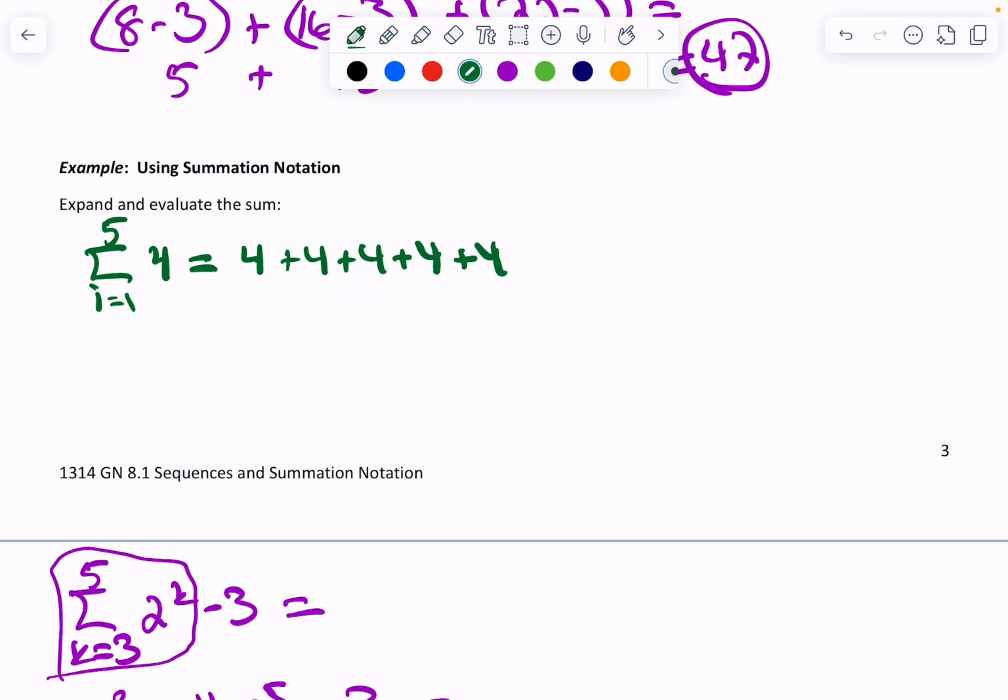So this is i equals 1, i equals 2, i equals 3, i equals 4, and i equals 5. There's no i, so it doesn't change. Every single term is 4. So it's the same thing as 5 times 4, which is 20.